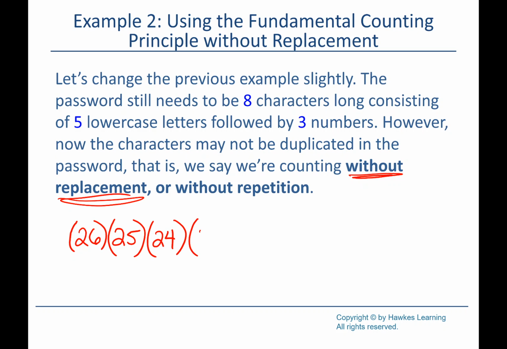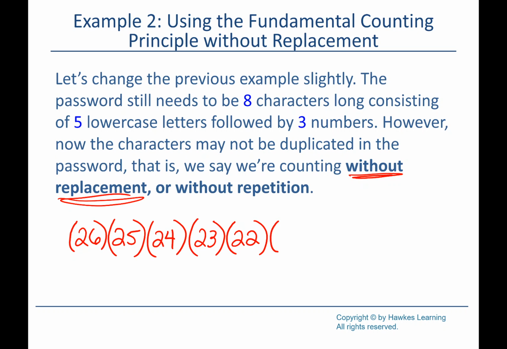For the third one, we're down to 23 choices. Or fourth one, sorry. And then for the fifth one, we're down to 22 choices. So each time we use one, that takes it off the list of possibilities. So we're counting down each time we choose a letter.